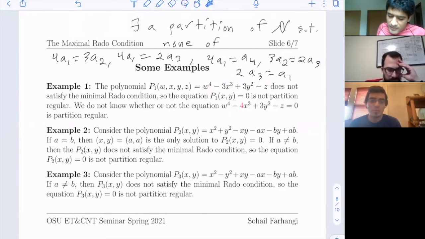So in order to obtain the same value, when I compare any two of these monomials, well, there's only 4 monomials, so there's 6 ways to pick 2 of them. Either 4a1 equals 3a2 if I wanted the image of these 2 guys to be the same, or 4a1 equals 2a3 for this and this, 4a1 equals a4 for this, 3a2 equals 2a3 for this, and 2a3 equals a1 for this.